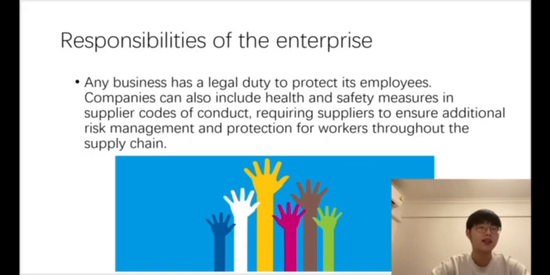The responsibilities of the business include, first, ensure that workplace health and safety hazards are identified, assessed, and controlled, and that safe work practices are observed. Second, provide the workers with safety protective equipment.